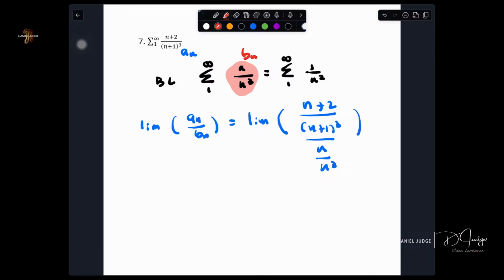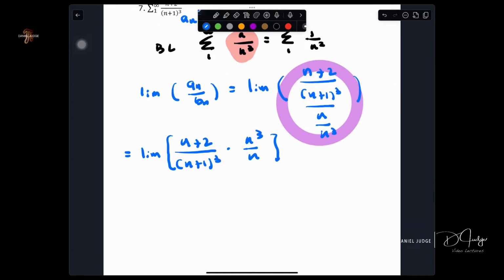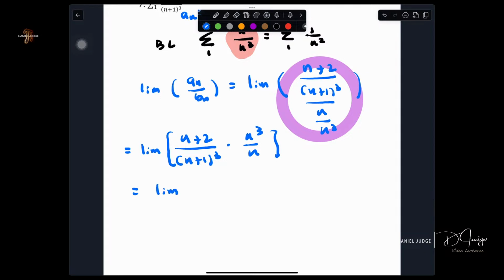We're going to have to do some algebra now. So this is going to be the limit now of (n plus 2) over (n plus 1) cubed, times n cubed over n. The limit of (n plus 2) times n cubed over (n plus 1) cubed times n.